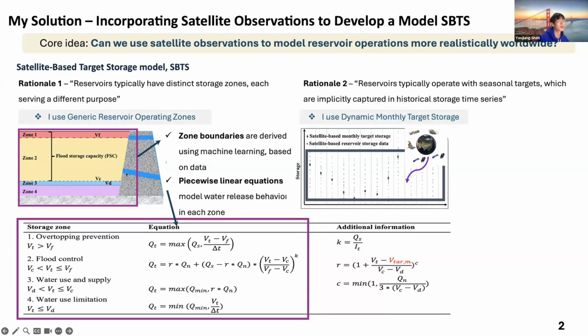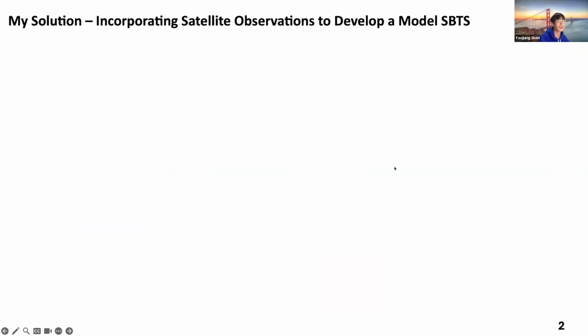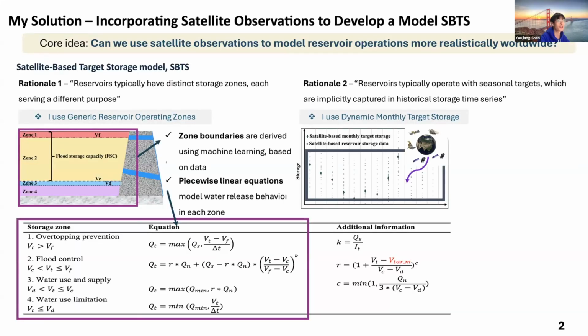And the second rationale behind it is that satellites can see the storage variations, and these show the monthly seasonal target patterns. I use this dynamic monthly target storage from the past, and I assume that reservoirs typically operate with seasonal targets, and these are implicitly captured in the historical storage time series.